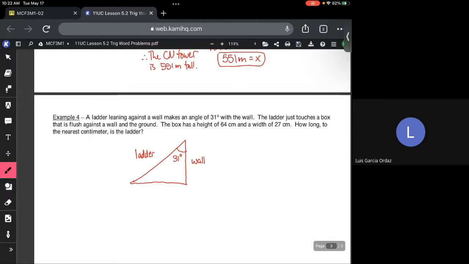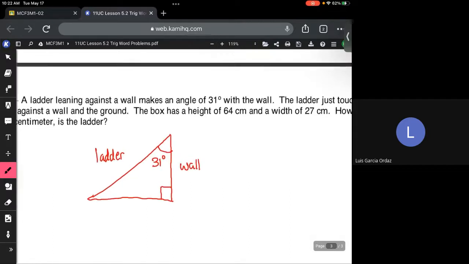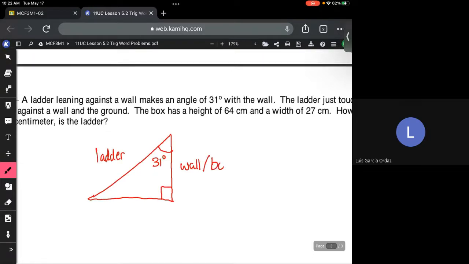That's where the box is. So the wall and the box are basically the same thing in this question. So how tall is the box? 64. So that's going to be the height of the triangle.